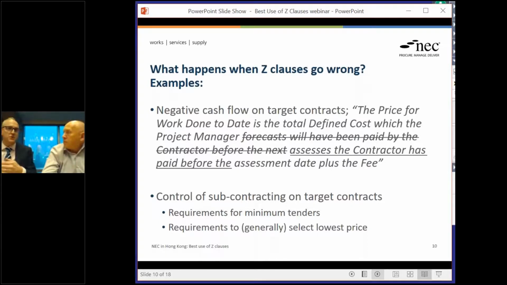Although the contractor under a target contract has their target and is incentivised to work efficiently and deliver the project at lowest cost through the gain share mechanism, in Hong Kong we do have requirements for contractors, when procuring subcontract works, to go out to minimum numbers of subcontractors and run what on the face of it is quite a formalised tender process, with the project manager having to approve the appointments and essentially requiring the contractor to go in each case for the lowest price tender of subcontracts.